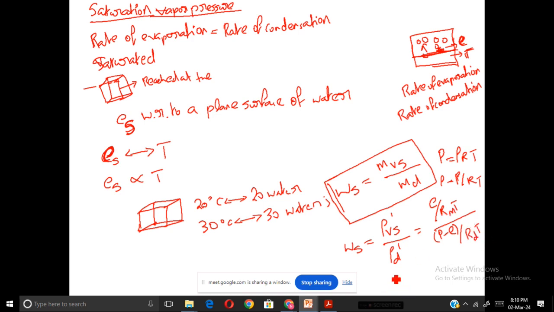So if we cancel T and T, it will basically be E by P minus, it will be ES, sorry, since it is saturation we are talking about. Same thing can be derived for unsaturated also. So ES by P minus ES into Rd by Rv, which is again 0.622.